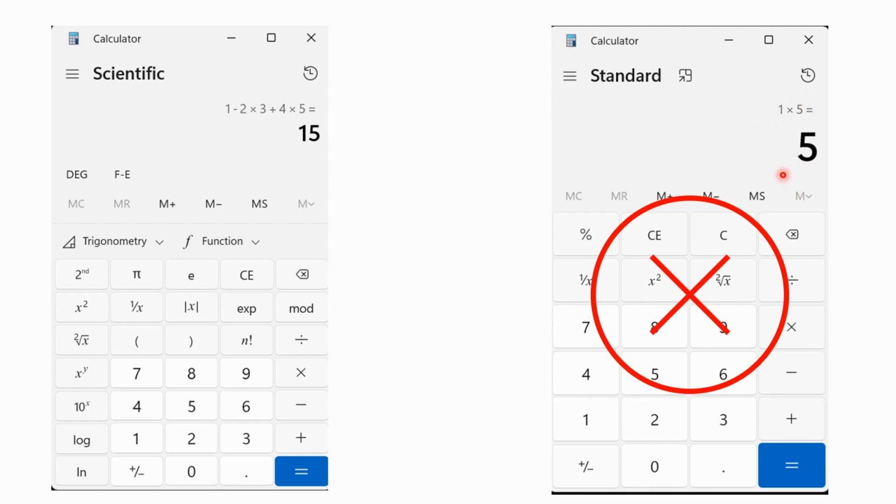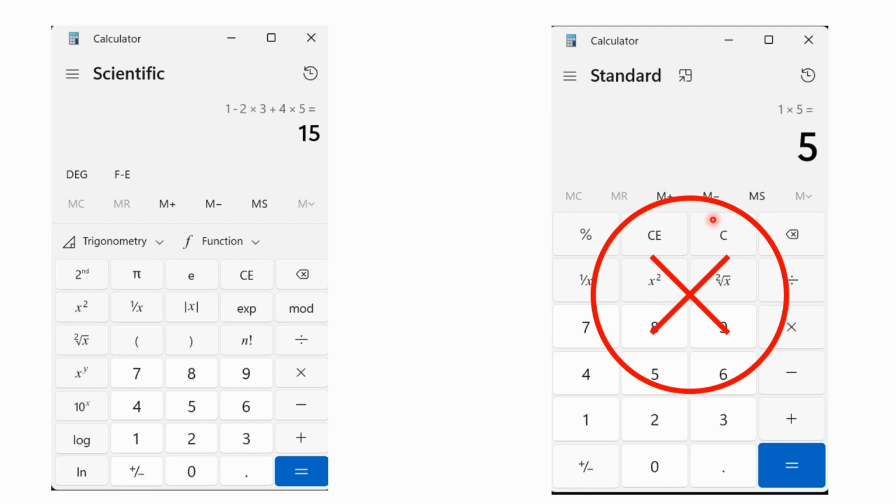Now look what happens here. I entered these numbers in the same way. On the left side, I entered 1 minus 2 times 3 plus 4 times 5, then the equal sign. Notice how the entire expression still sits here. On this side, I typed it the same way in this mode, and the only thing I'm left with is the 1 times 5 equals 5.